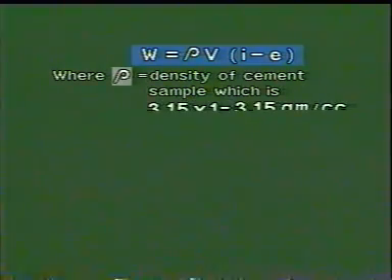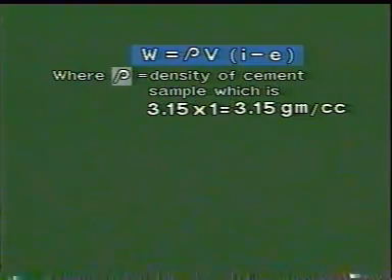For calculating the weight of cement sample required for the test, use the relation W is equal to rho multiplied by V multiplied by 1 minus e within brackets, where rho is the density of cement sample, which is 3.15 grams per cc, where 3.15 is the specific gravity of cement sample.